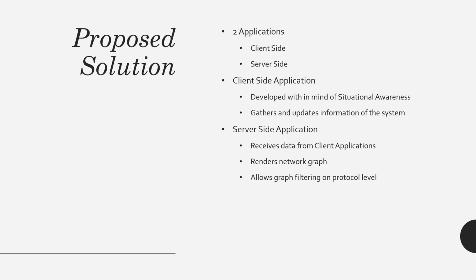The proposed solution is as follows. It will be split into two separate applications, one for the client side and the other for the server side. It is different compared to the other active and passive scanners, where it's one centerpiece. For example, the active scanner sends the packets to the network devices and then receives them back for analysis.